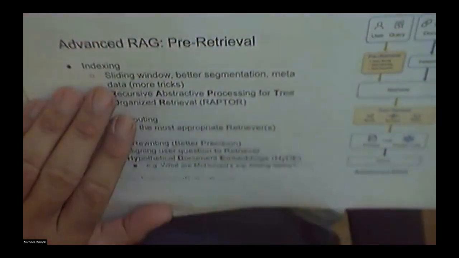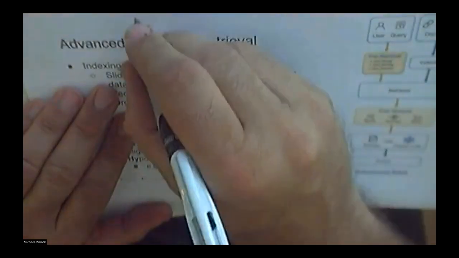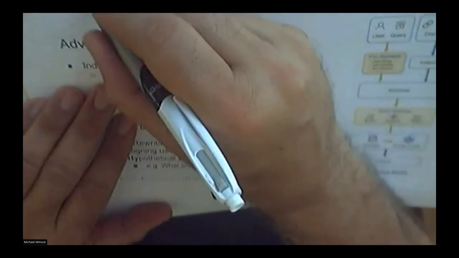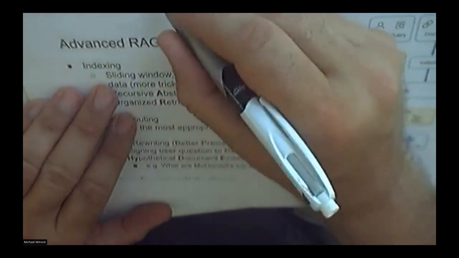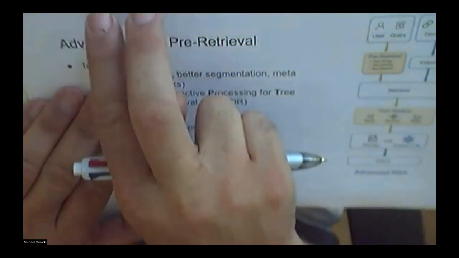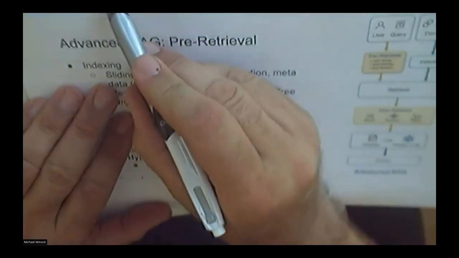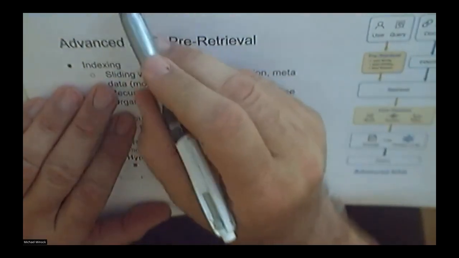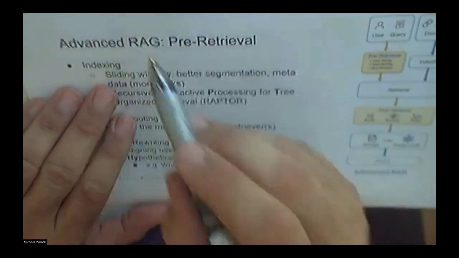So on the indexing side, we could have a sliding window rather than just breaking the chunks literally on a 250 boundary. Here are our documents, so we have text in the document, and here's one chunk, here's another chunk, here's another chunk, so that we don't have any strange artifact because of the boundary of the chunk.